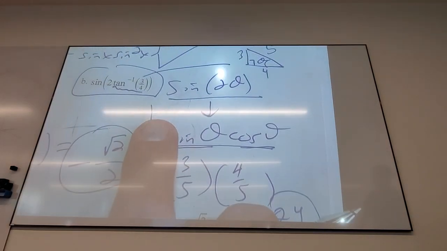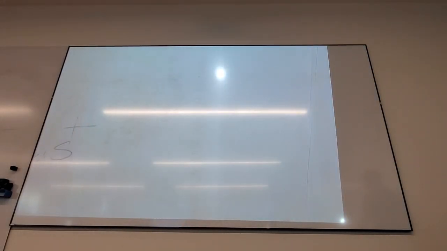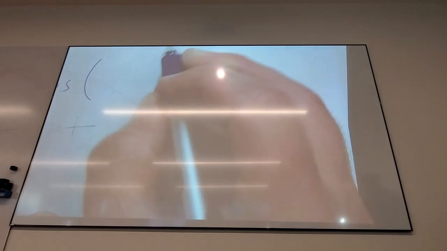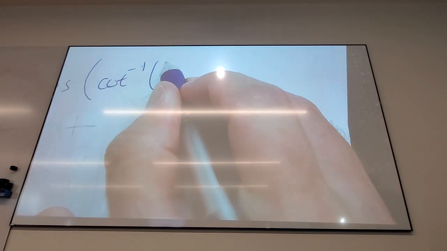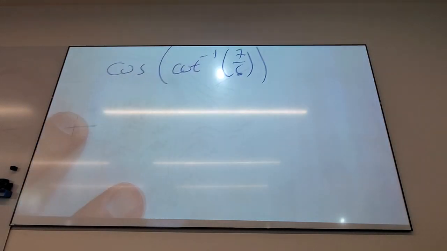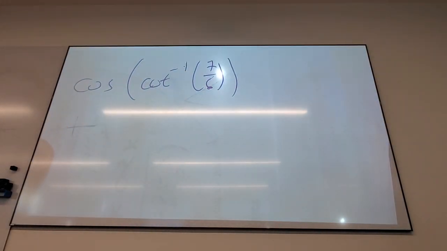So I desperately want you to see, if I ask you a question like cosine of the inverse cotangent of 7/6, that needs to be easy. It just needs to.